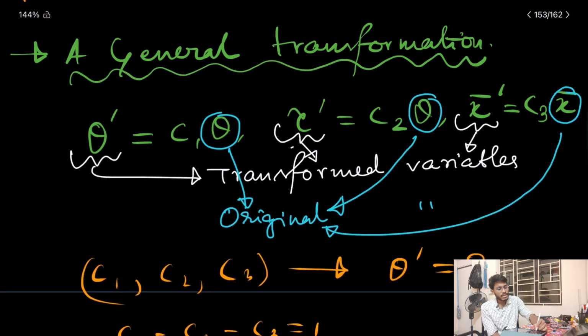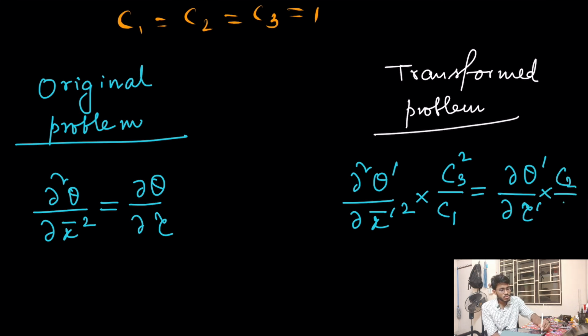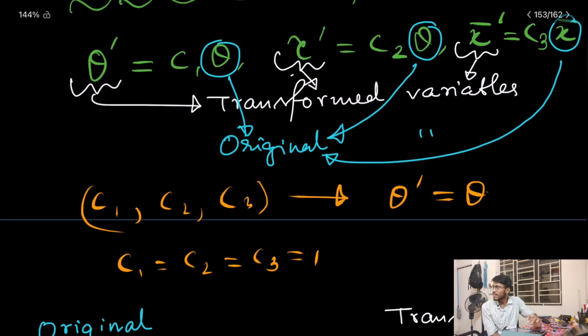Similarly, here I am having x bar dash equal to x bar by 1 by C3. That means here I have x bar 2 times, so I have to multiply 1 by C3 square in the denominator, and that will go in the numerator. And here I will have this one by tau prime, so here it will be C2 by C1. Clear?